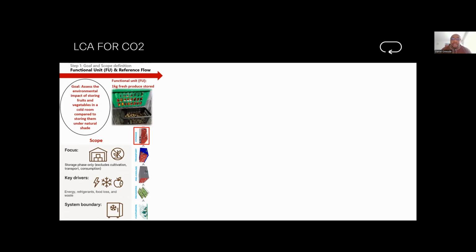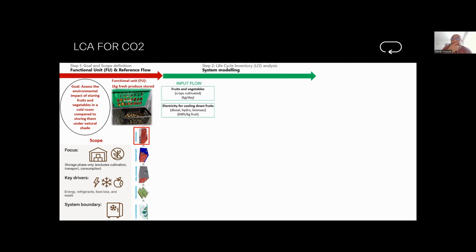Okay, great. Now let's look at the second stage, which is the inventory analysis. With this, we have three basic steps within step two. So we have the input flow, the output flow, and then of course the data source that is required in this stage.